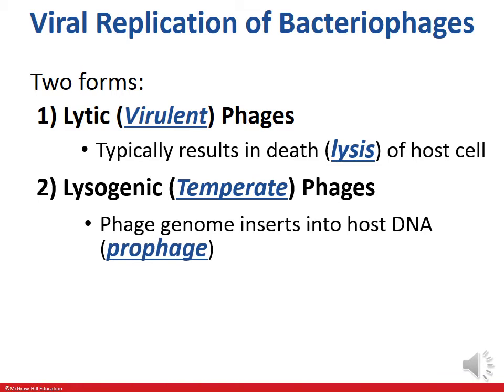And so these guys get that name because they don't outright kill their host. They actually incorporate themselves into the host DNA, and basically they can stay there forever, or they can just temporarily be hidden out in that host DNA. And so once a lysogenic phage has found a host and has inserted itself permanently or temporarily into the host DNA, it's now called a prophage.